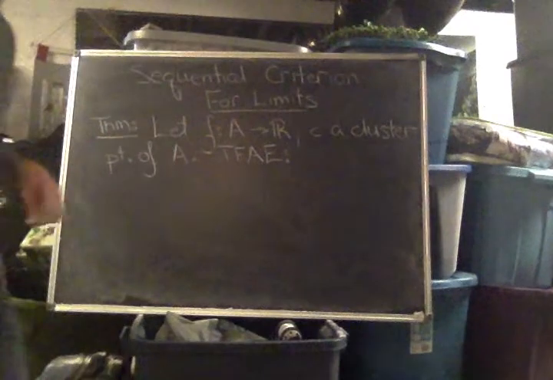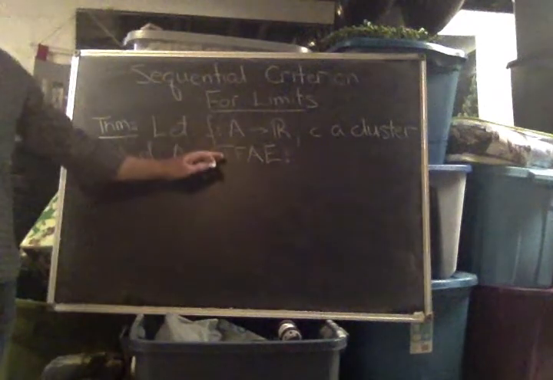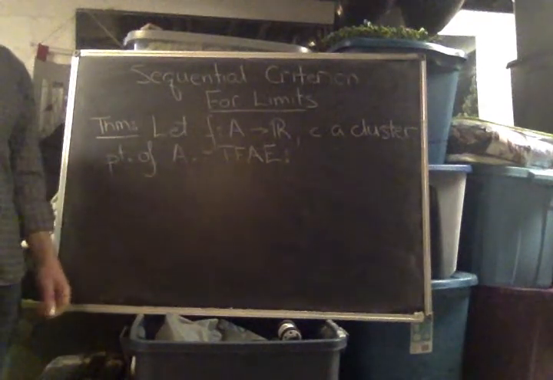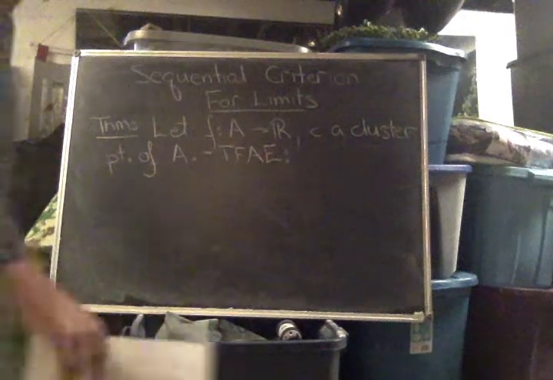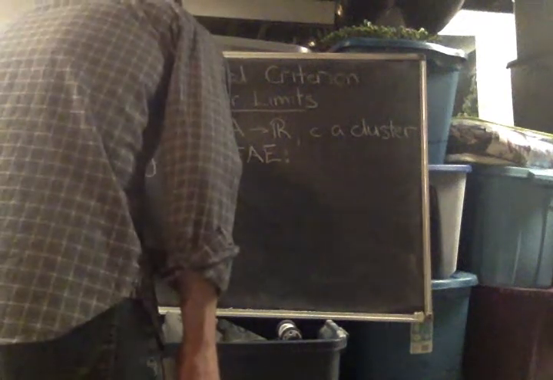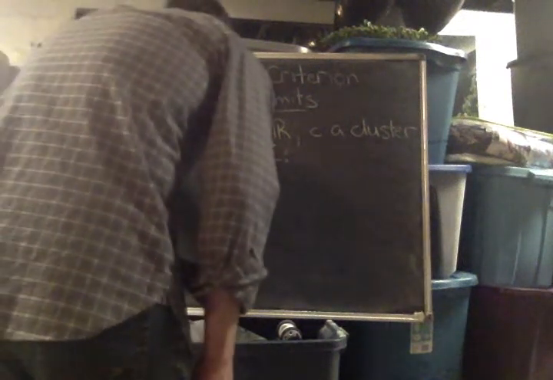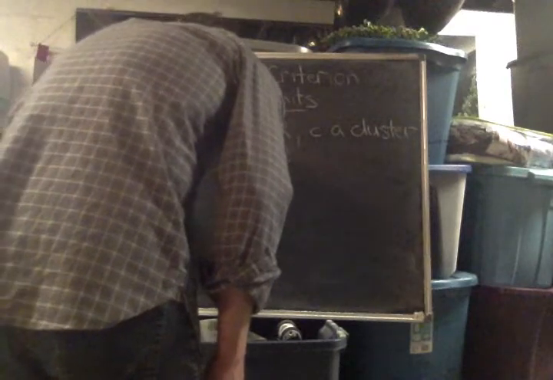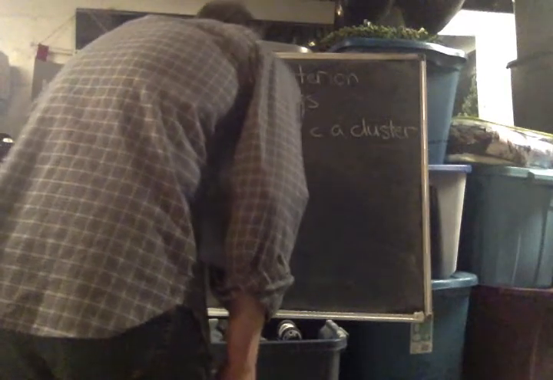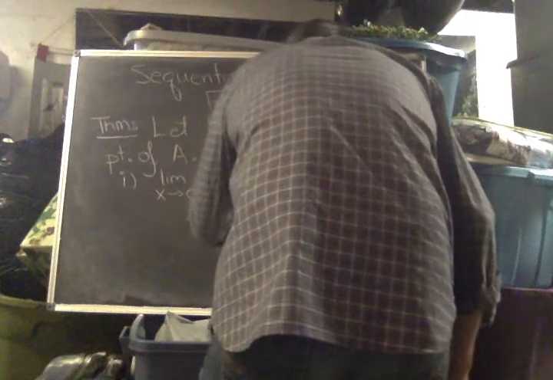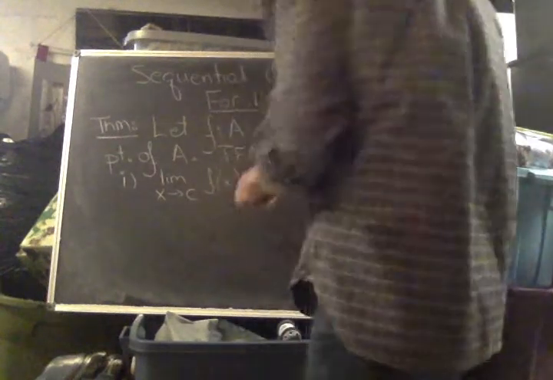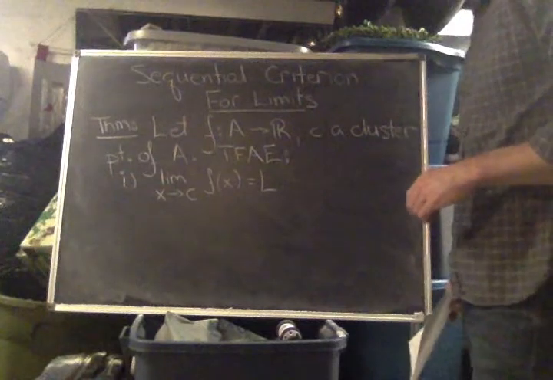Right, so this is one of those abbreviations that appears over and over again. The following are equivalent. These next two statements are equivalent. One, the limit as x approaches c of f of x is equal to L. Okay? And 2 is where the sequences come in.